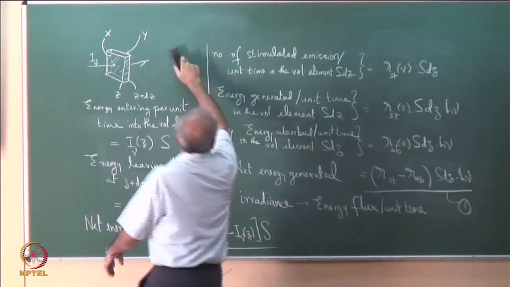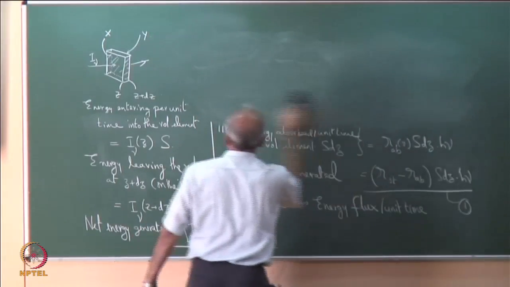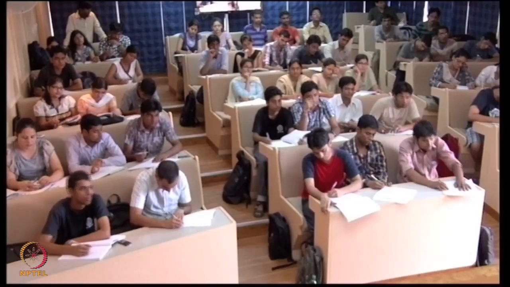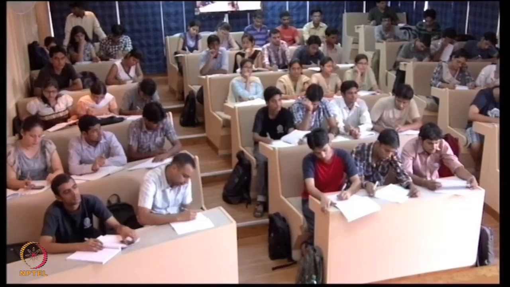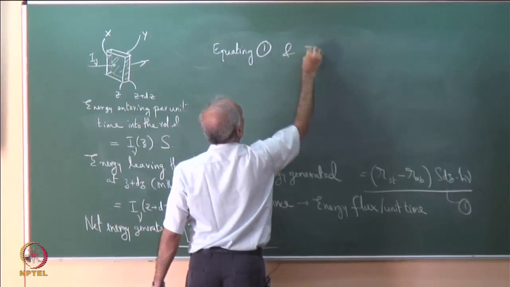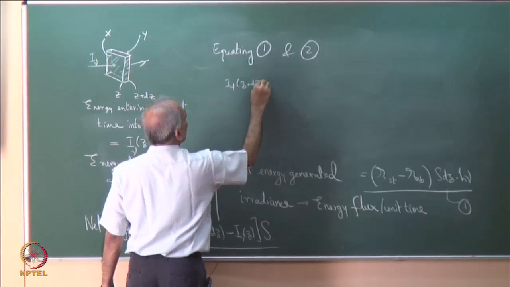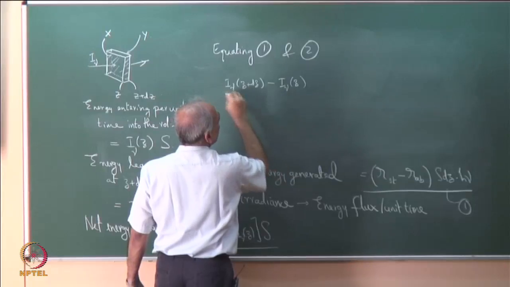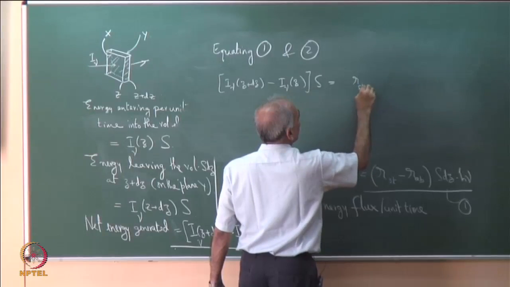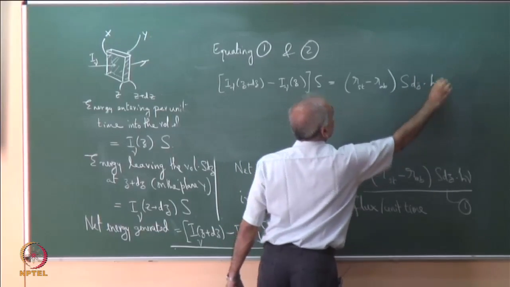So, equating 1 and 2, I nu of z plus dz minus I nu of z, into S, is equal to R S T minus R A B into S dz into h nu.